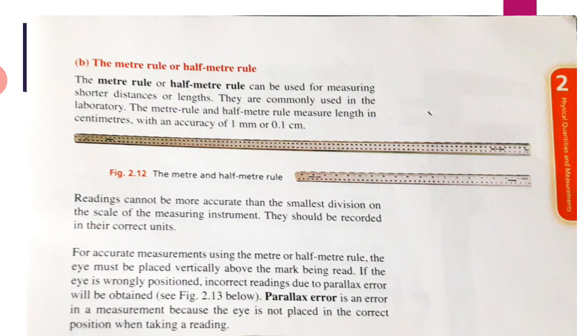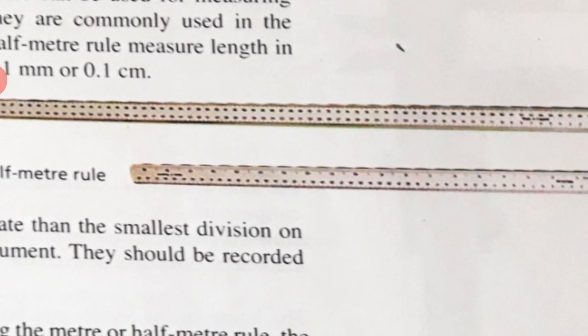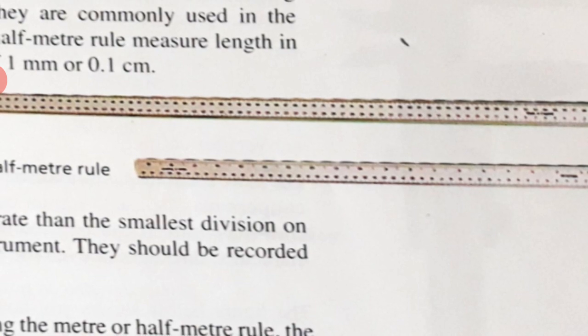Now the meter ruler or half meter ruler. I also took the picture of that. A meter ruler or a half meter ruler can be used for measuring shorter distances or lengths. They are commonly used in the laboratory. The meter rule measures lengths in centimeters with an accuracy of 1 millimeter or 0.1 centimeter. The small one, let me zoom in, is usually used by us to make lines.